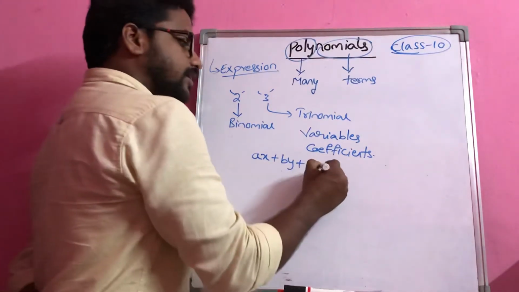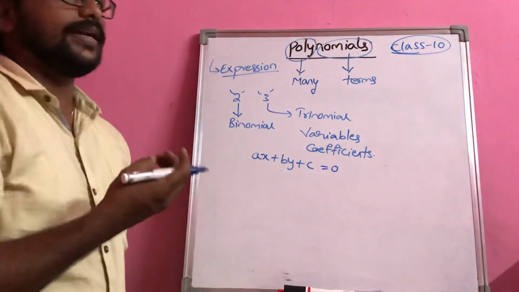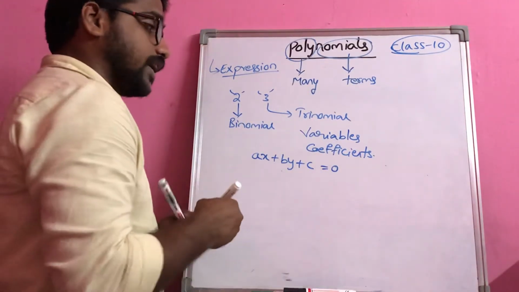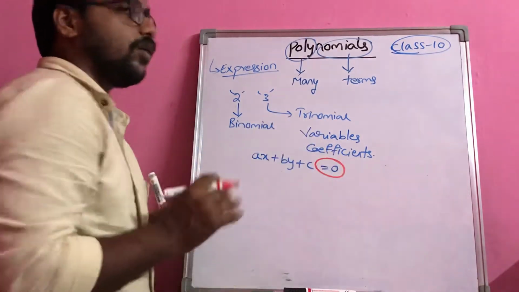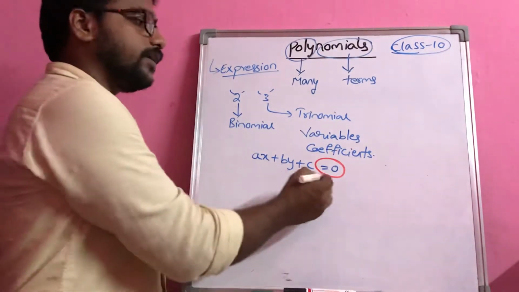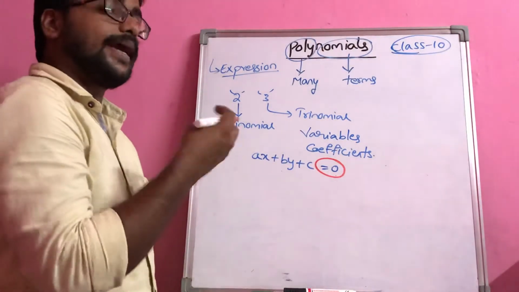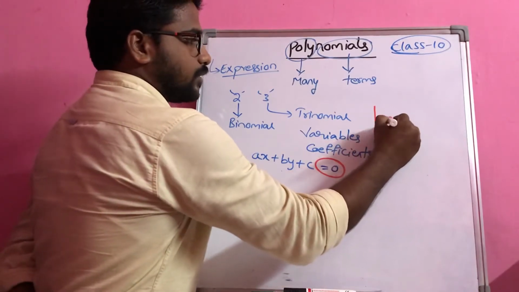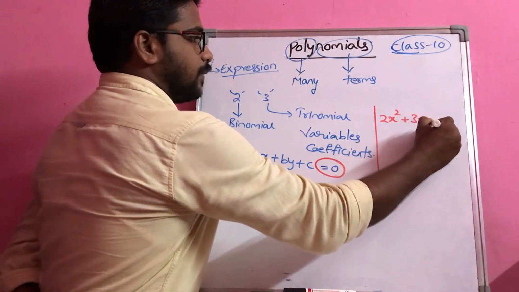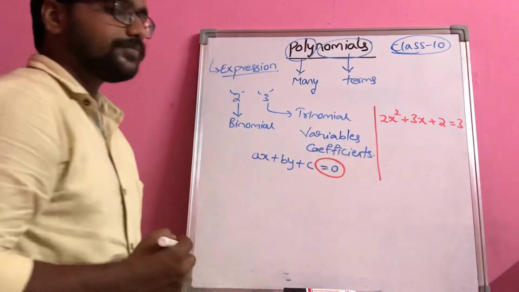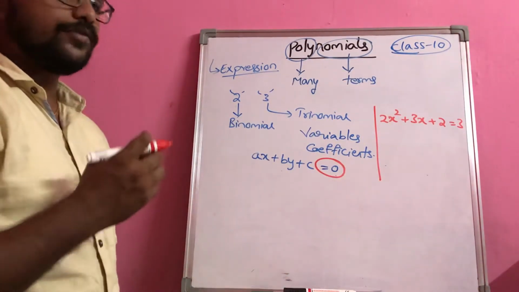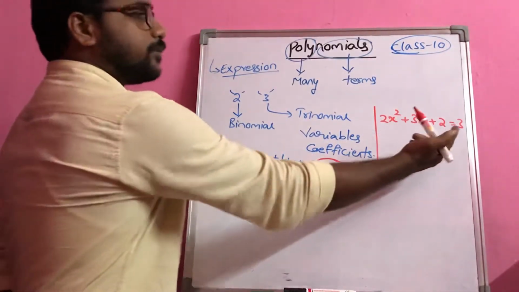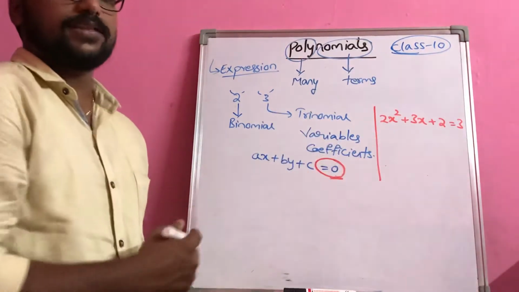If I equate this to some particular constant, then it is called an equation. Don't think that this constant always has to be equal to 0. It is not necessary that it has to be equated to 0 always. It can be any number. For example, if I say 2x square plus 3x plus 2 is equal to 3, you can just pull this 3 to the left side and make the right side 0.